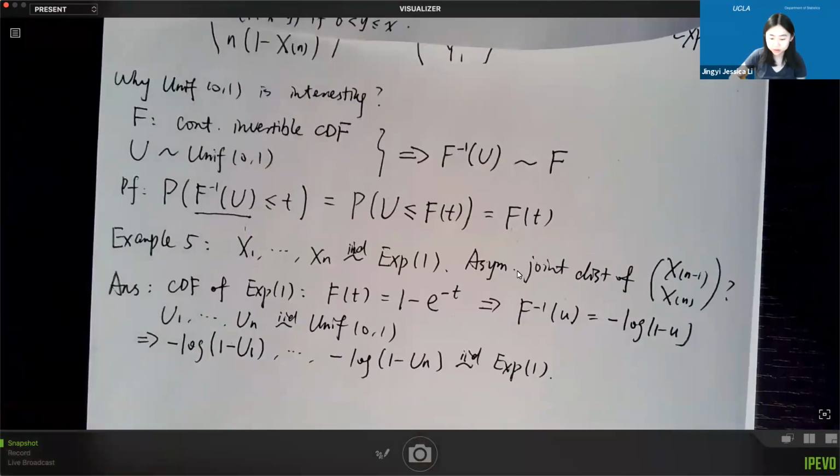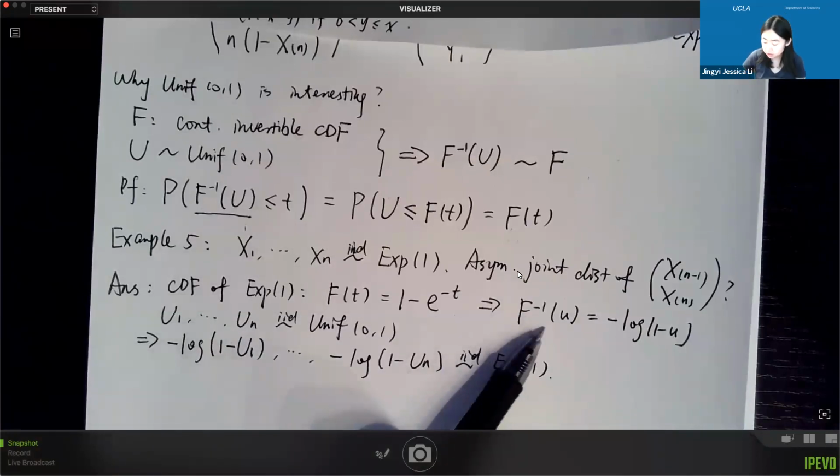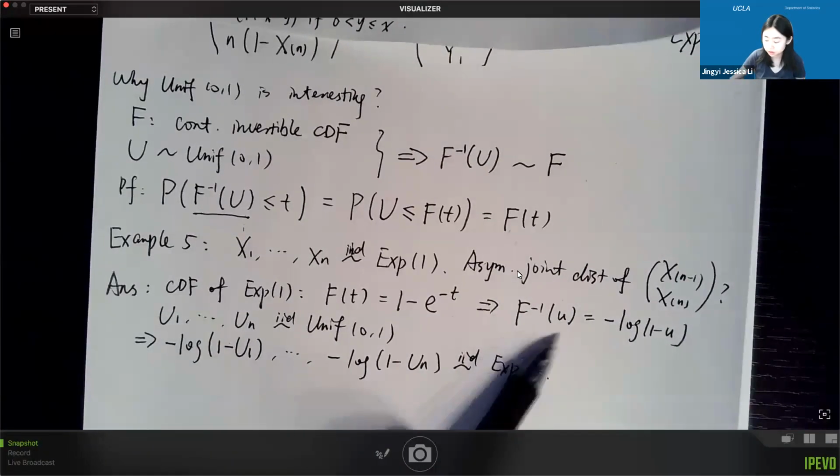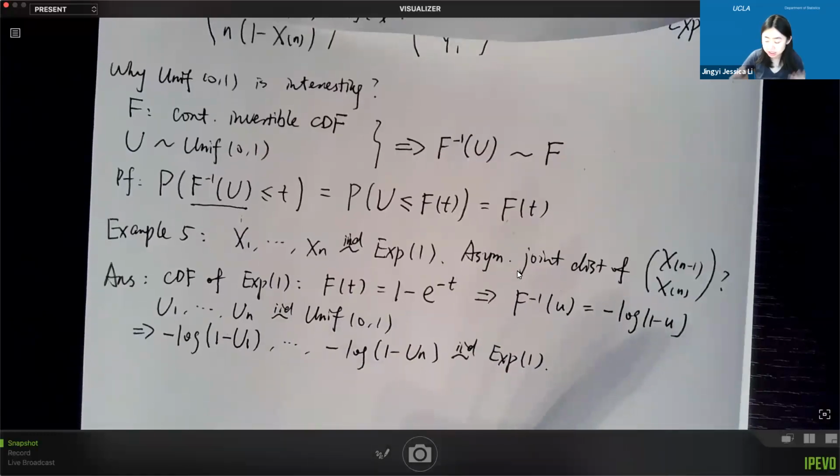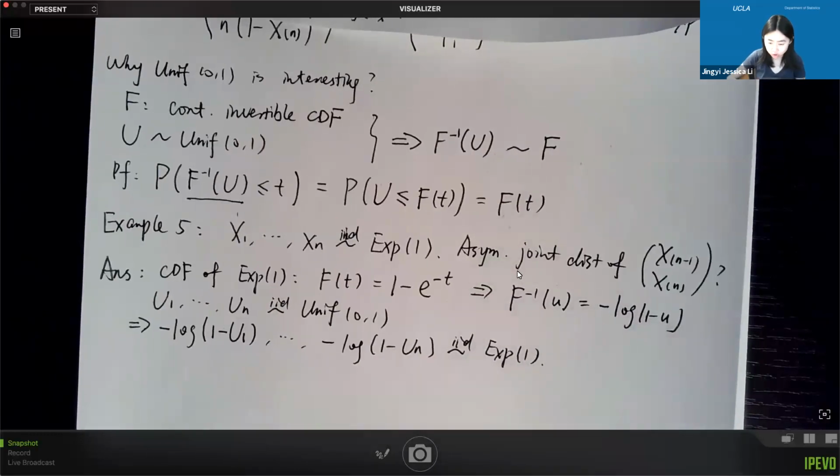And this is a monotone increasing function, so the transformation does not change the order.